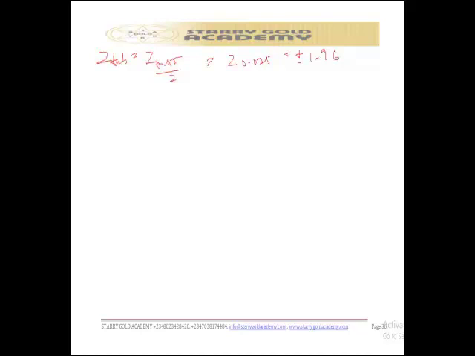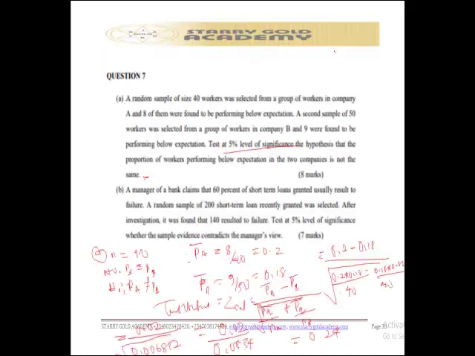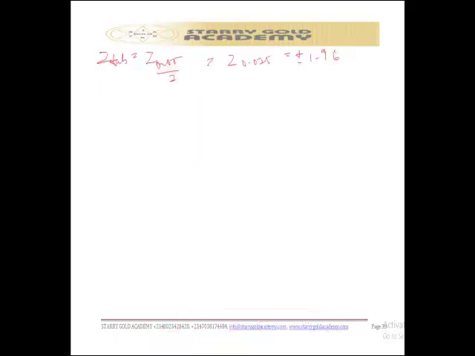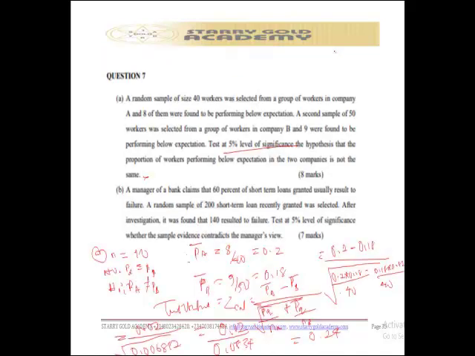Now at level of significance 0.05, since Z cal, 0.24, is less than 1.96 for Z tab, I have to accept the null hypothesis and conclude that the two proportions are the same.